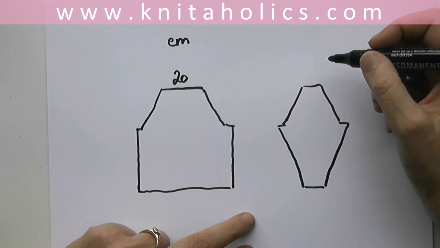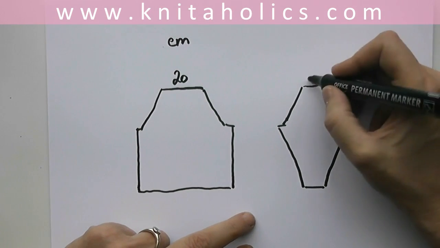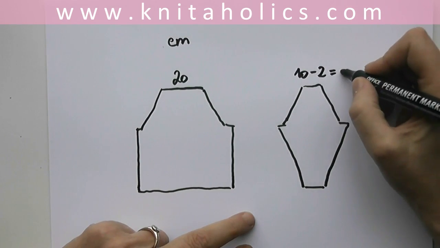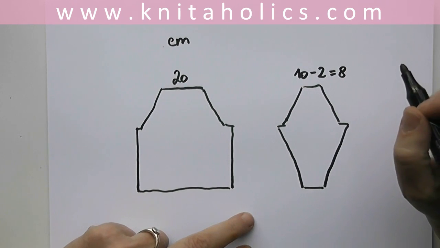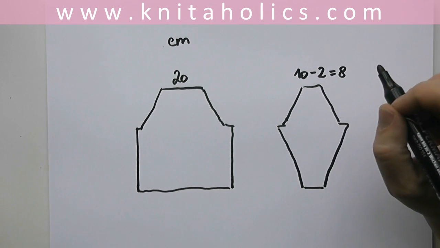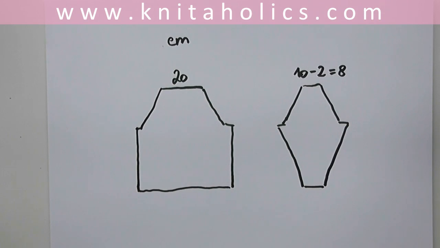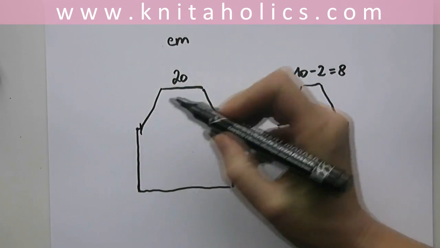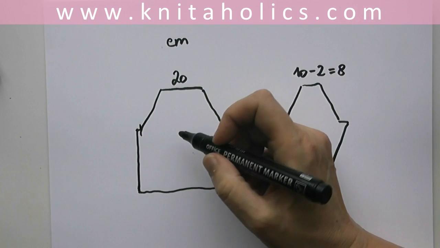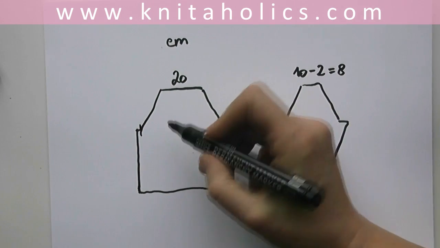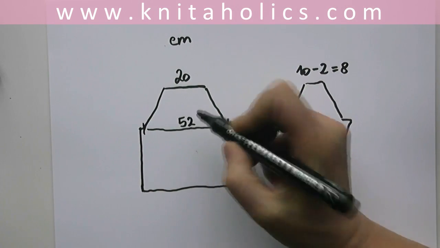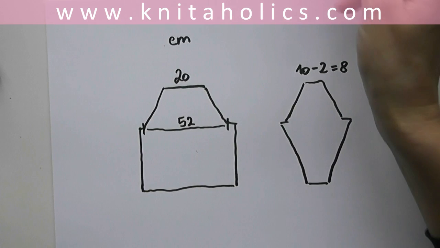With 20 centimeters top of the front part and 10 minus 2, 8 centimeters top of the sleeve. Half of the chest circumference is 52 centimeters.